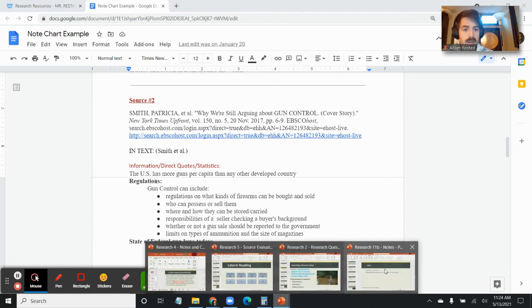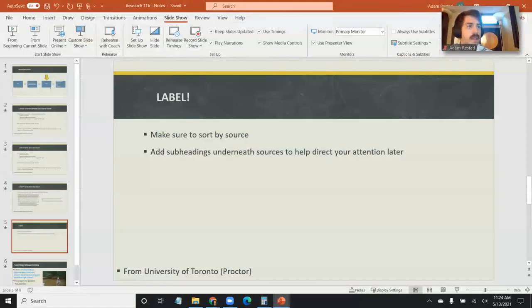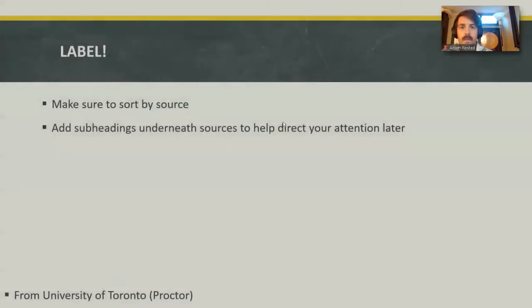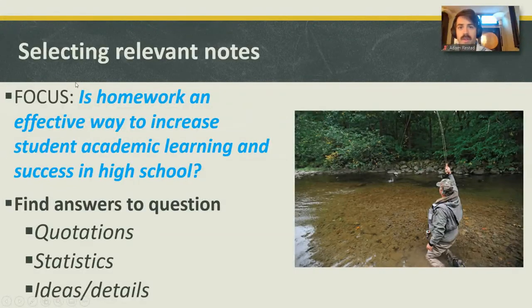All right. So ultimately, let's get back to my slideshow. What it kind of boils down to is focus in on your research question. Does a particular question or statement or fact or detail or quotation help you answer this question, and why does it help you answer that question? Or how does it help you define a perspective that you're trying to research?